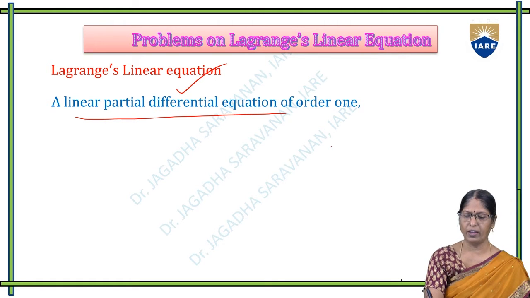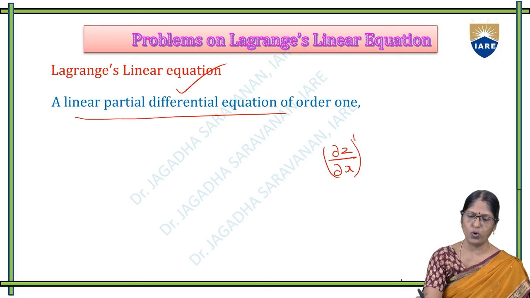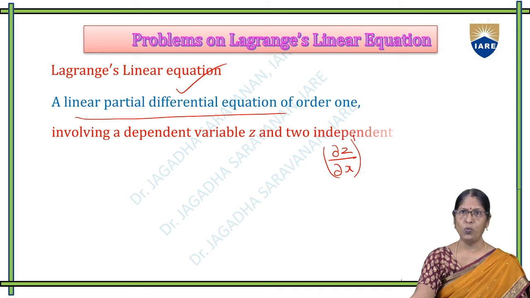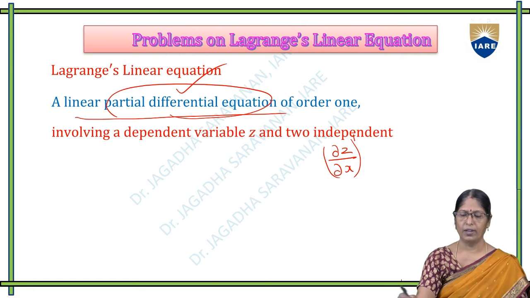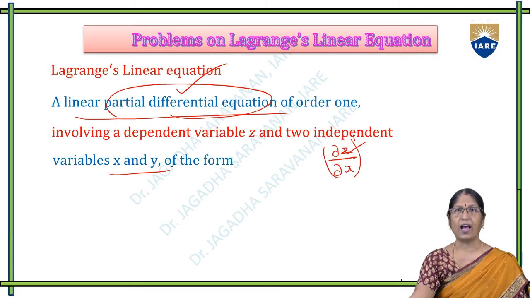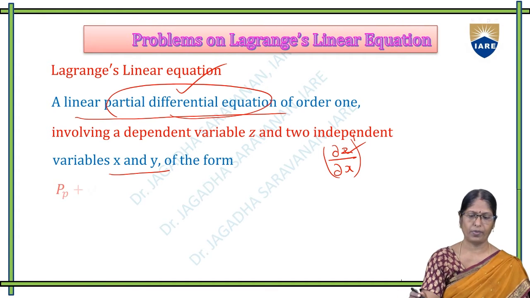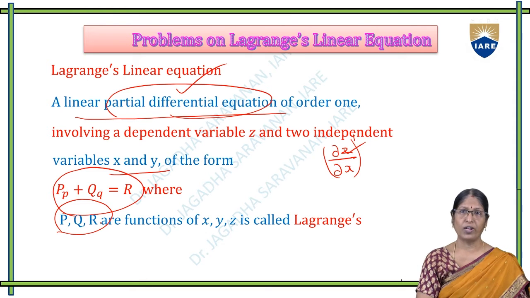If you take ∂z/∂x, the order is 1 and the degree is also 1. It is a partial differential equation which involves a dependent variable, here z playing the role of dependent variable, and two independent variables, x and y, of the form Pp + Qq = R, where P, Q, R are functions of x, y, z, which is called Lagrange's linear equation.